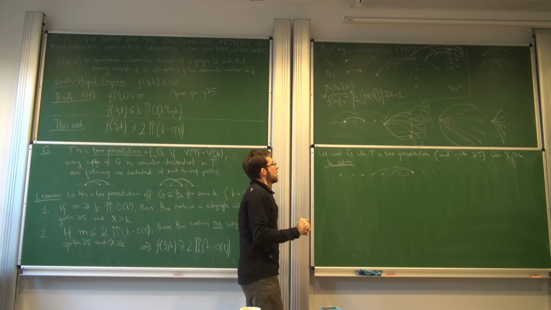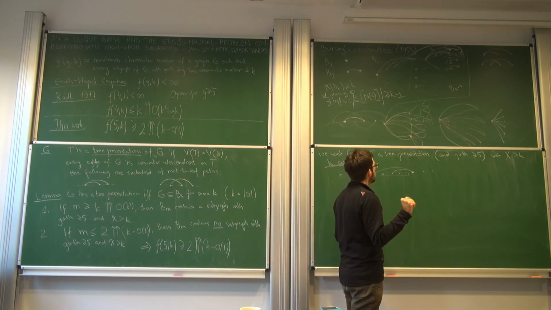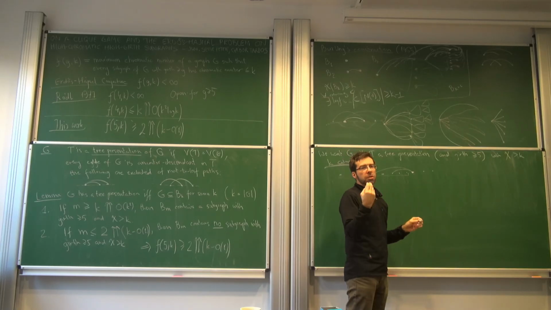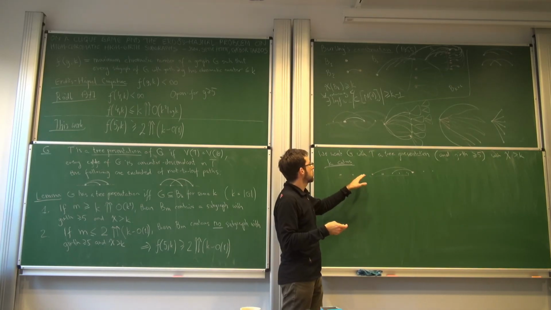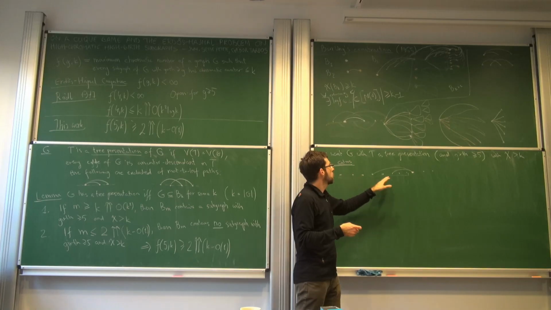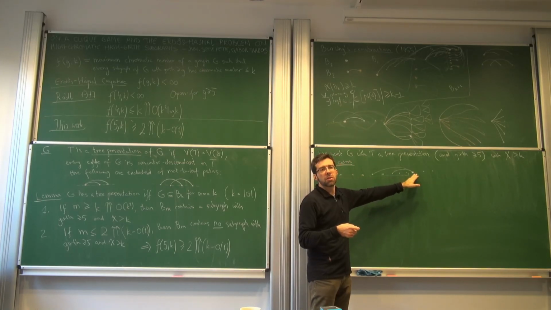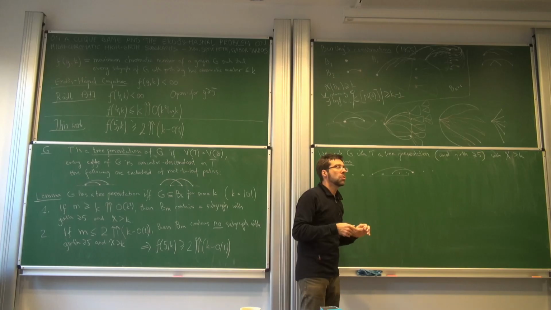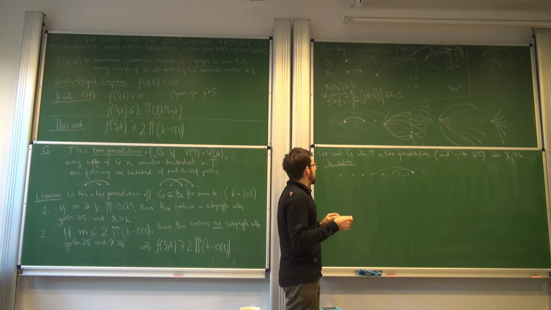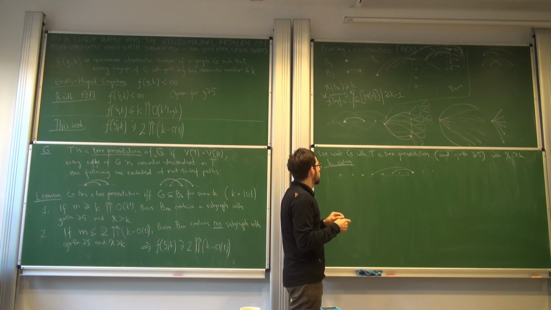We want to show that still builder can force chooser to lose. Chooser loses when chooser cannot pick a color for a vertex because all colors are already used on the neighbors. This is the losing condition. So the strategy is, for instance, like that.